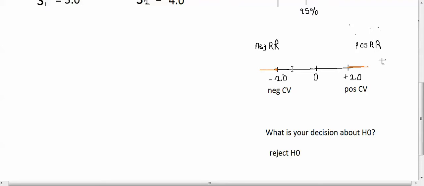If your t-score is in the non-rejection region between the critical values, your conclusion is there is not enough evidence to say that there's a difference between the two populations. There's not enough evidence to say that the population means are different.